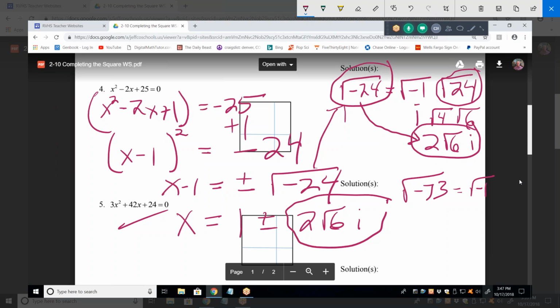Take out the negative 1, and then you have a positive 73, and now you've got square root of 73i. It makes it real simple. If you take out that negative 1 as your very first factor, square root of 73 is fully simplified. I cannot take it down any further.